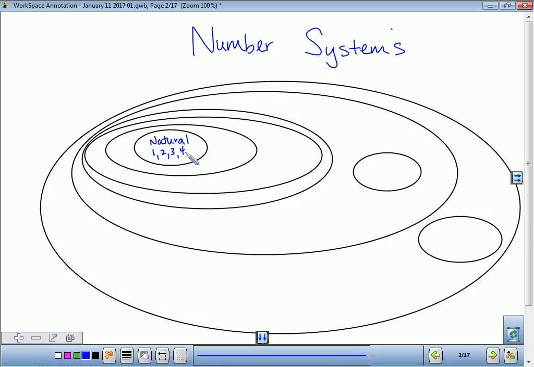Then we added 0 to that because we needed something to represent how much we had left when our younger brother stole everything. So we had nothing. Those were our whole numbers. So 0. That's how we represent that.